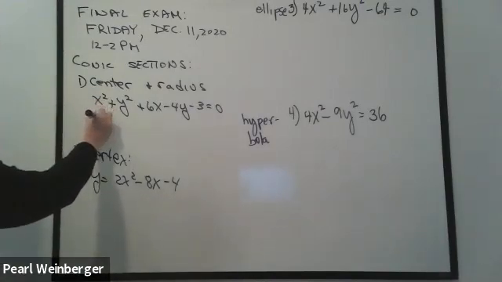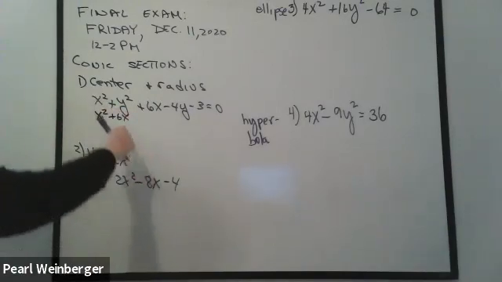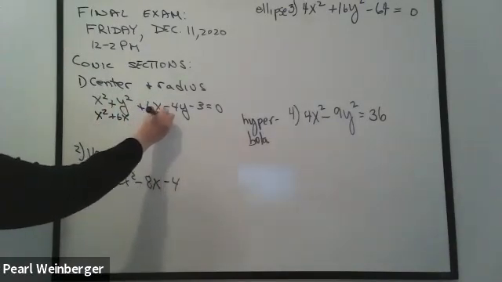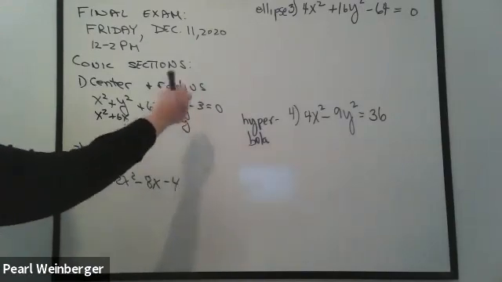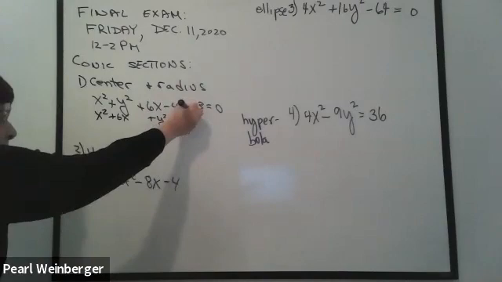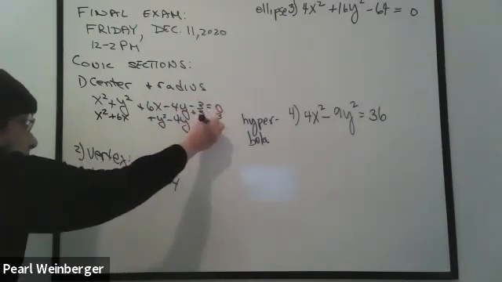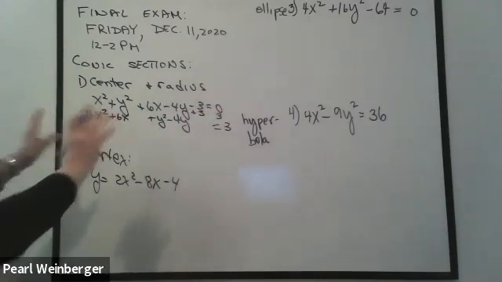So I'm going to write x squared plus 6x and leave a space. Then the y terms: plus y squared minus 4y, and leave a space. This 3 I'm going to bring to the other side of the equation because I only want the variables on this side.